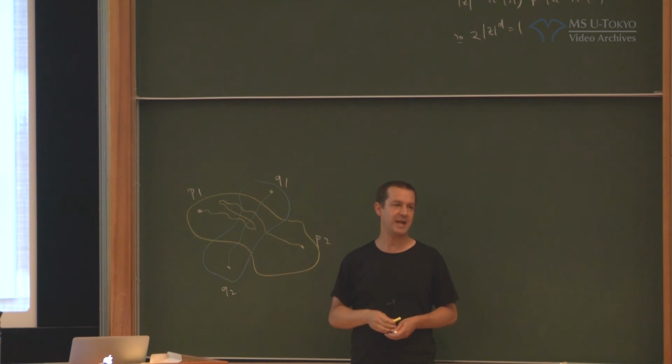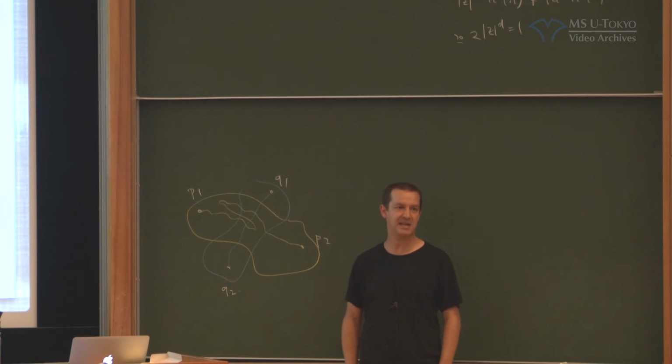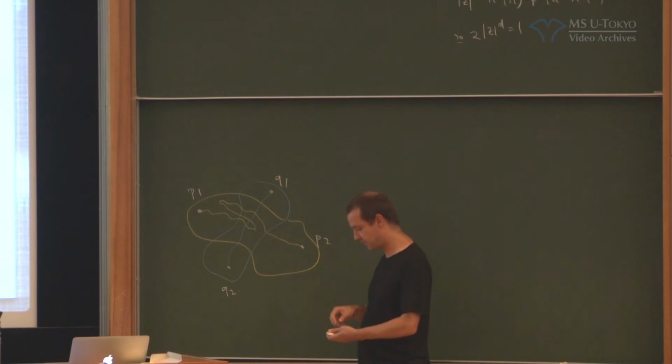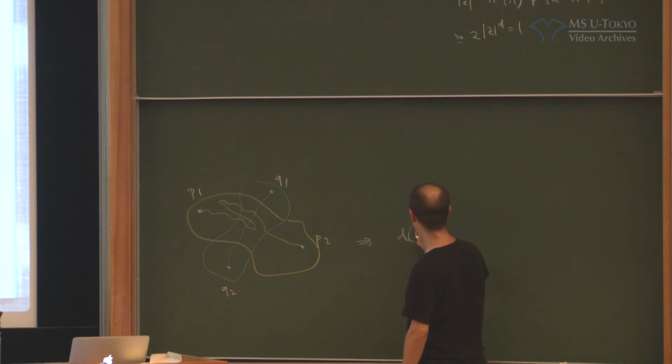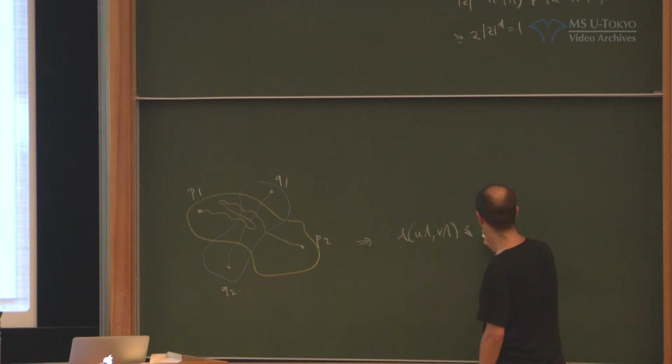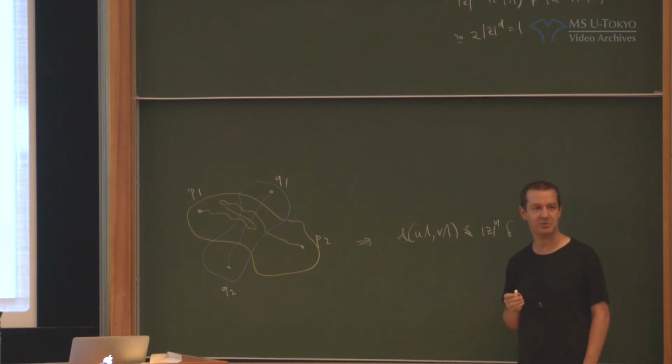I don't know that u of lambda and v of lambda intersect, but I do know that they have points which come within distance z to the n times delta of each other. Okay, so the conclusion of this picture is that the distance from u of lambda to v of lambda is less than or equal to z to the n delta. That's what this topological picture tells me has to be true.